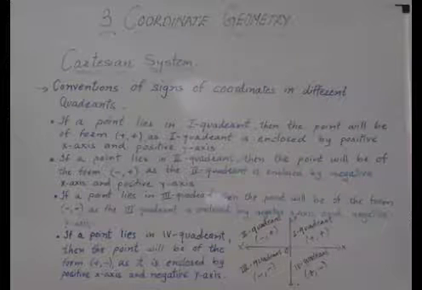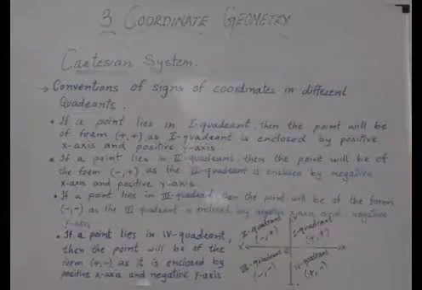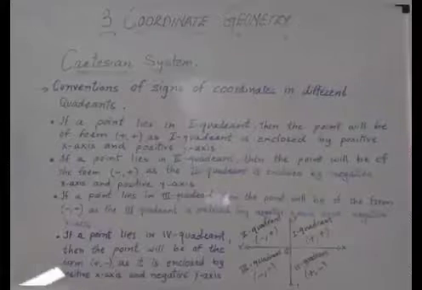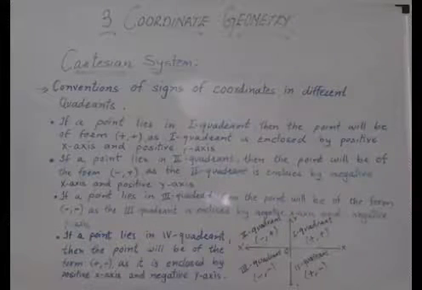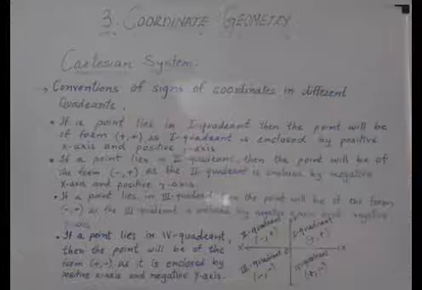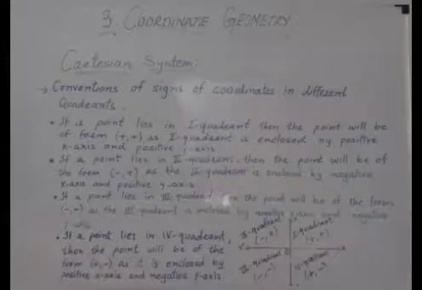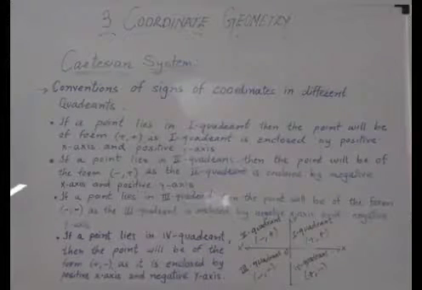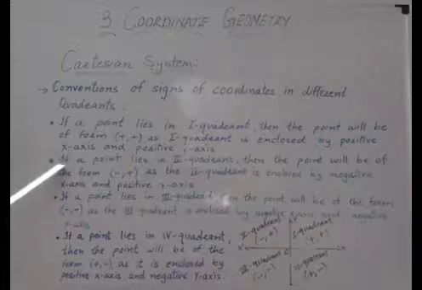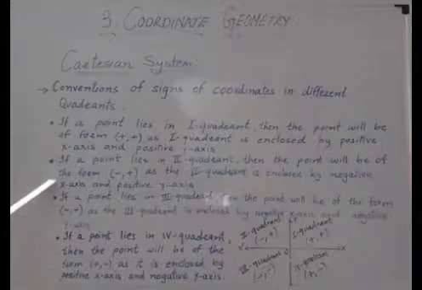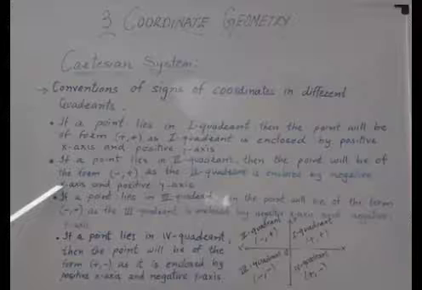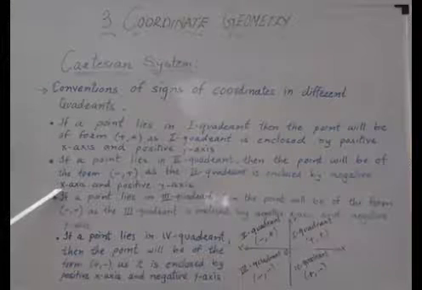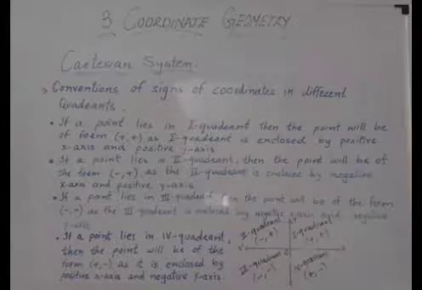You can see in the figure that the x-axis is positive and the y-axis is also positive. So we take both x and y coordinate values as positive. Now suppose a point lies in the second quadrant. Then the point will be of the form (-, +), as the second quadrant is enclosed by the negative x-axis and positive y-axis.